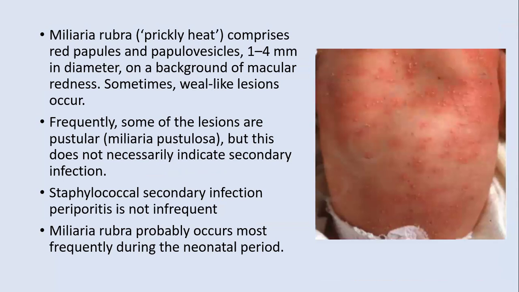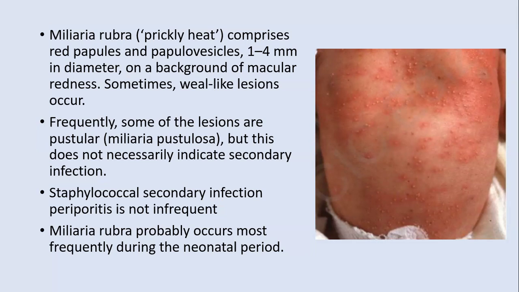Miliaria rubra, which is a deeper form of miliaria, comprises red papules and papulovesicles, 1 to 4 mm in diameter, on a background of macular redness. Sometimes wheal-like lesions occur. Now the lesions are bigger, and there are papules with papulopustules.